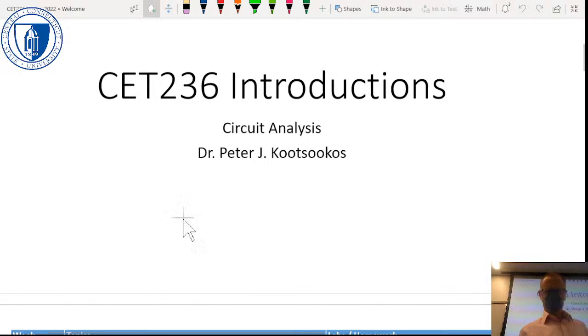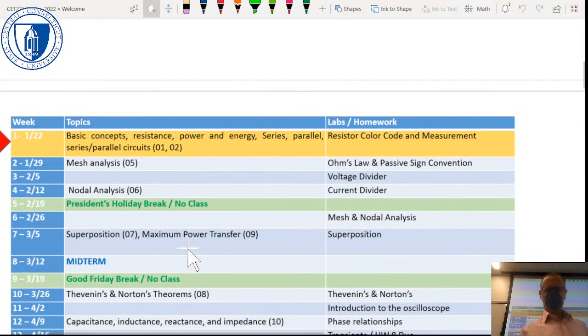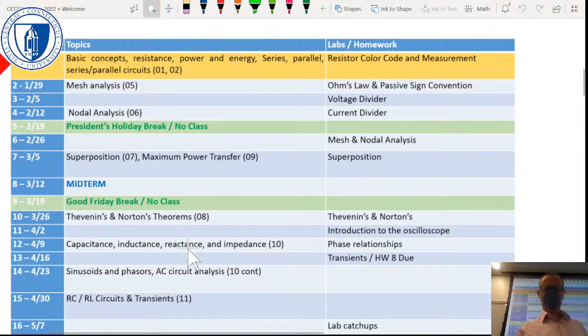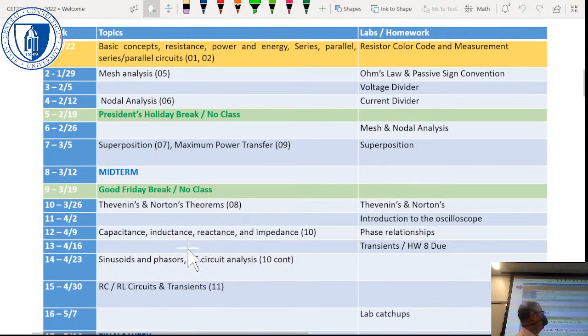So let's have a look. I'll get my scrolling finger working. So that is what we have for the semester, right? We want to learn about resistive circuits. We want to learn about circuits with resistors, inductors, and capacitors.